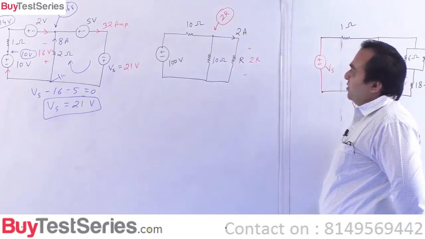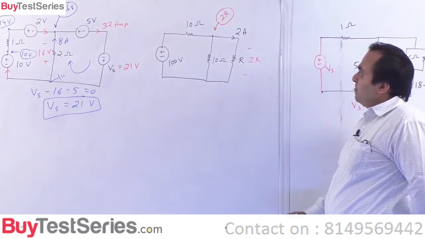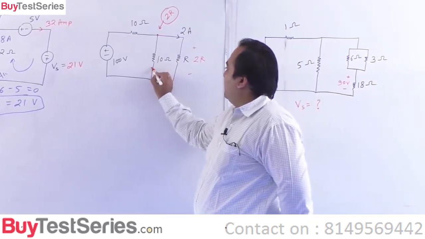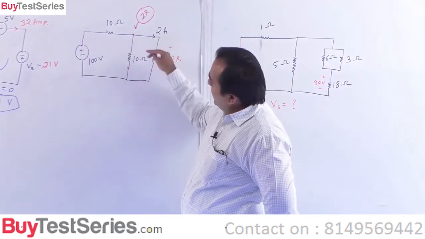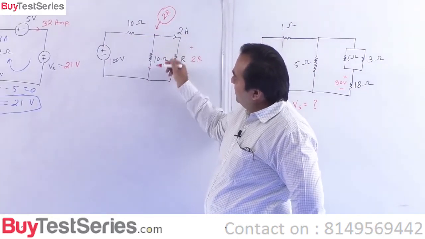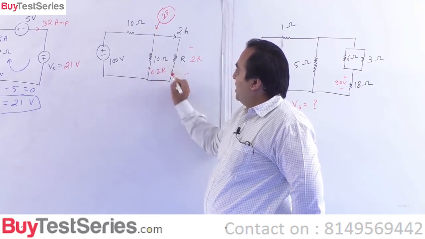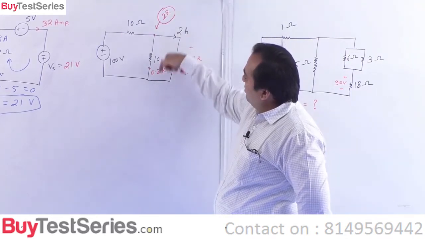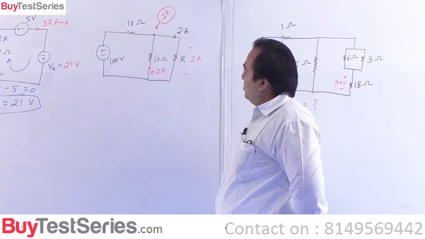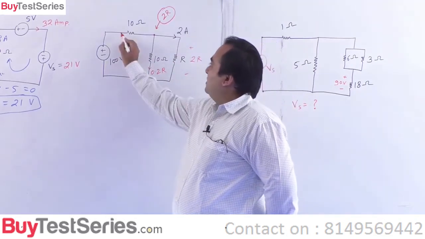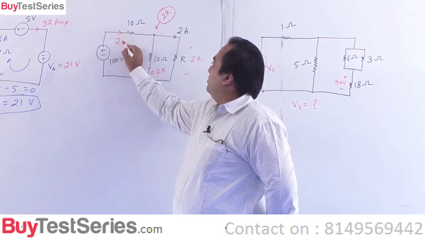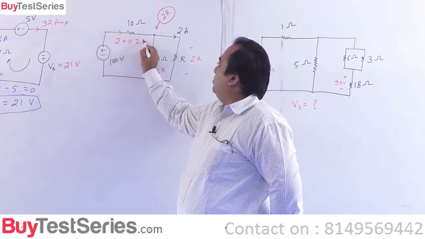Since it's an absolute potential, we are encircling it. So this voltage is 2R. So this must be 2R by 10. This current 2R by 10 is 0.2 R. So 0.2 R and 2 going that side. So this has to be 2 plus 0.2 R.